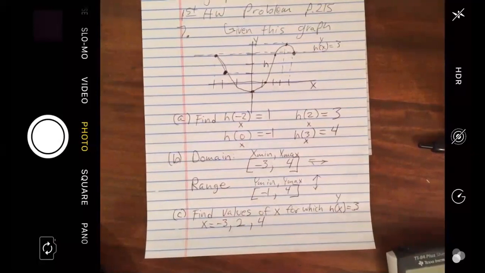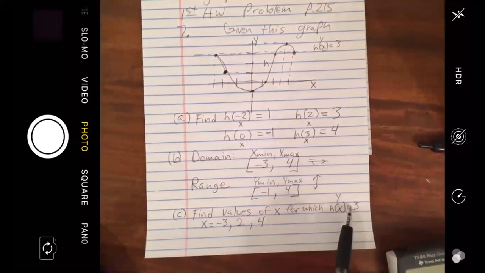There'll be 3 values of X there for which h of X equals 3. Questions about that? Is that absolutely obvious, or is that like whoosh? I think it's really obvious. Really obvious. Yeah. Okay, because in part D, they change it to less than. They stick a less than in here.